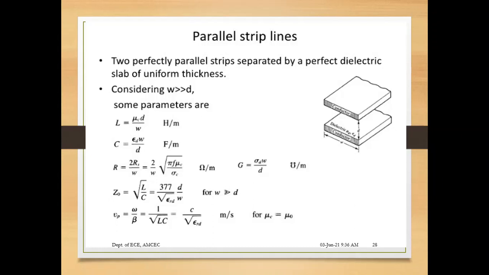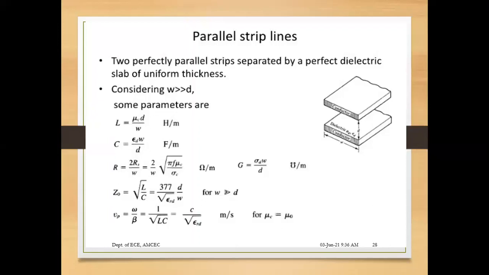Now, distributed parameters. Here you say that the parallel strip line, which is nothing but these two parallel conductors, is similar to a two conductor transmission line. So that again, you know, two conductor transmission line is nothing but your microstrip kind of a strip line, where it supports the quasi TEM wave, that is transverse electromagnetic mode.